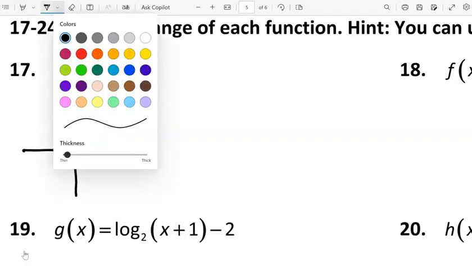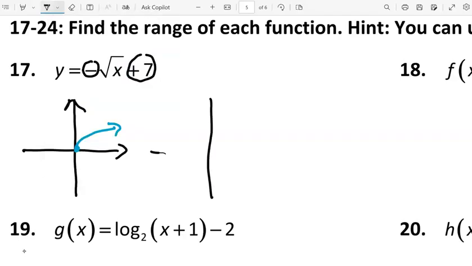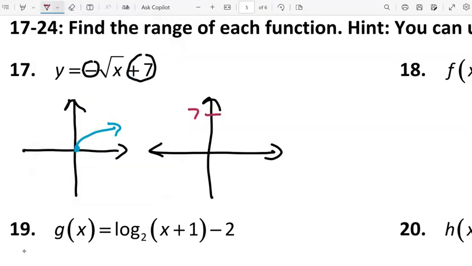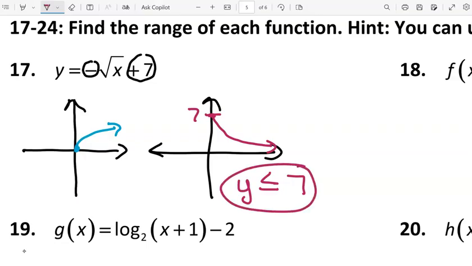So if we vertically flip this graph and move it up 7, then the graph will look like this. So the range is y is less than or equal to 7, because the highest y value is 7 and all other y values are below that.